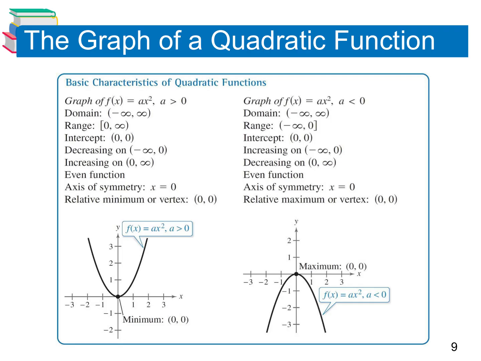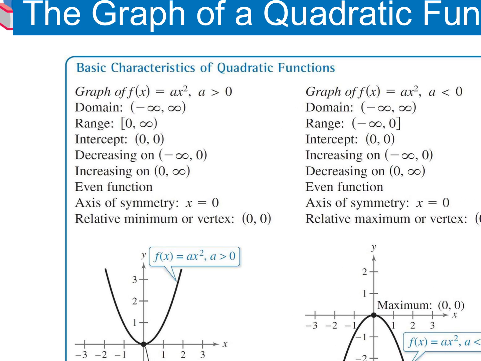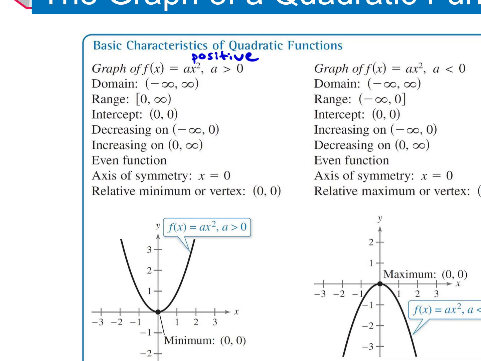On the next page, it talks about just basic characteristics of a quadratic function. So the left side is when a is greater than 0. So this is talking about a positive a. So if our leading coefficient is positive, our parabola opens up. So it's a smiley face. So when a is positive, your parabola opens up.